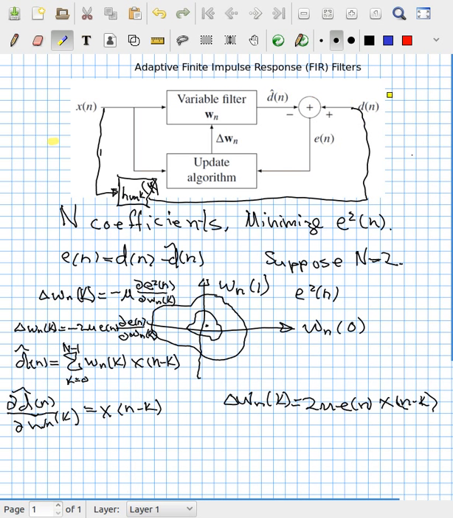We have a desired output, d of n here, and if you notice, this is looking like a feedback and control system. D of n minus d of n hat gives us the error signal, e of n.